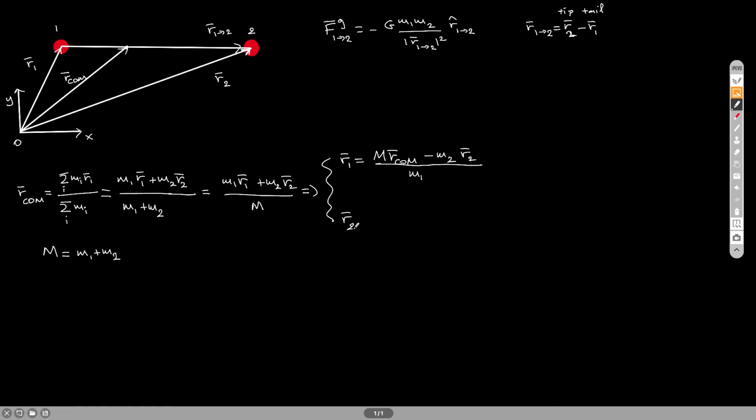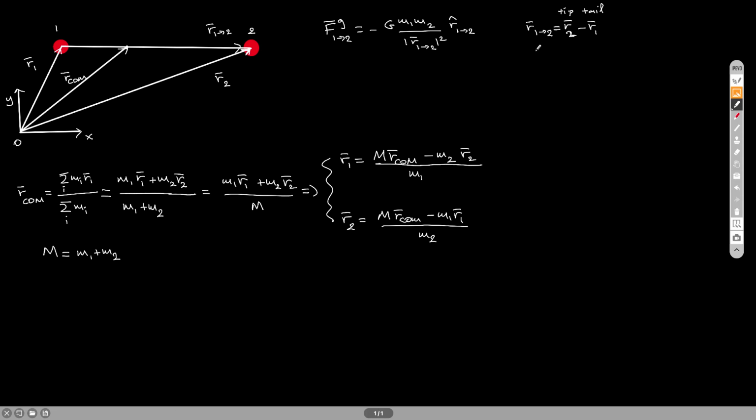And similarly, if I solve for R2, I will have the total mass times the position of the center of mass minus M1 R1 divided by M2.